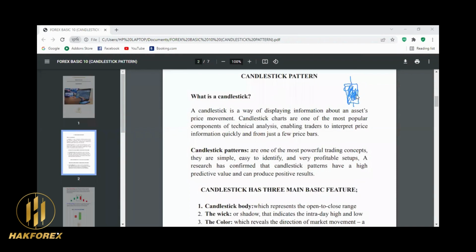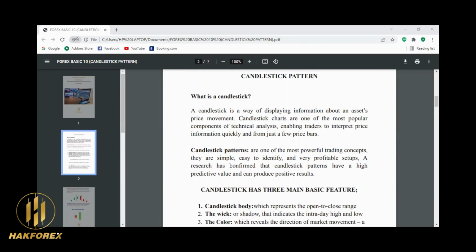So let's clean this. What are candlestick patterns? I said candlestick patterns are one of the most powerful trading concepts. They are simple, easy to identify, and very profitable setups.